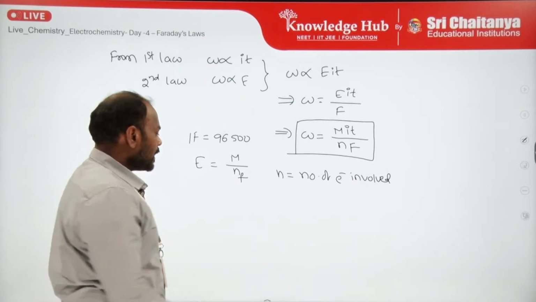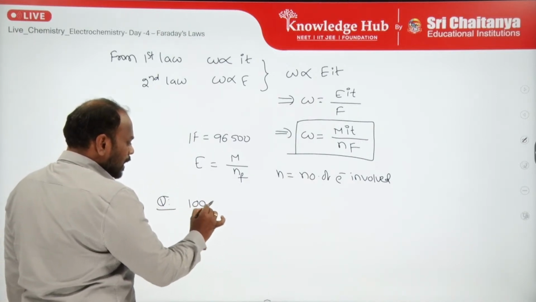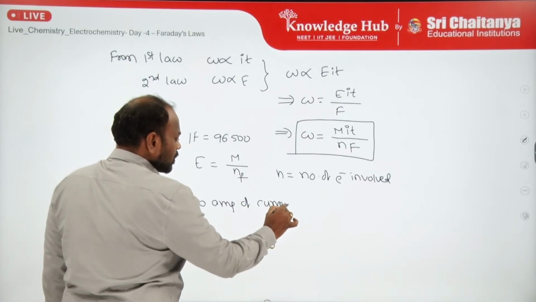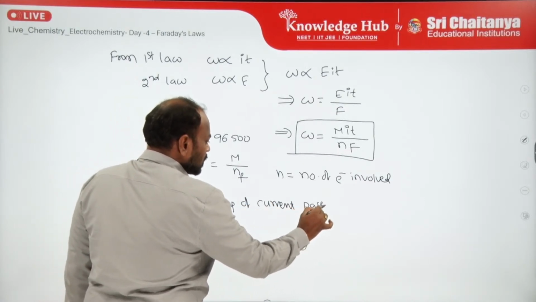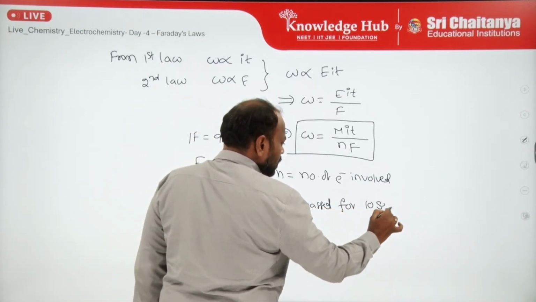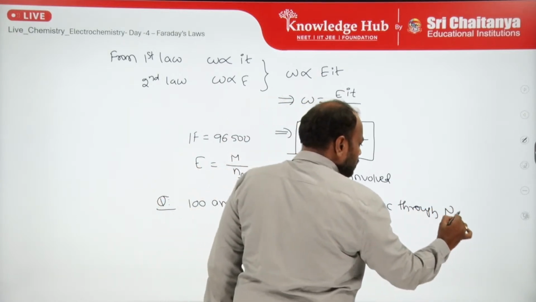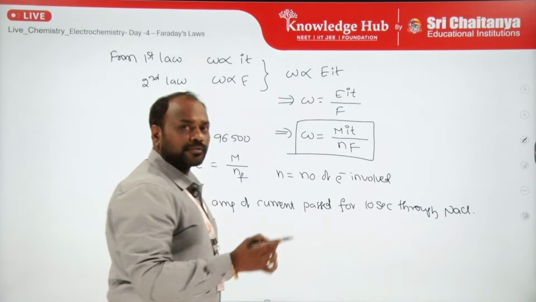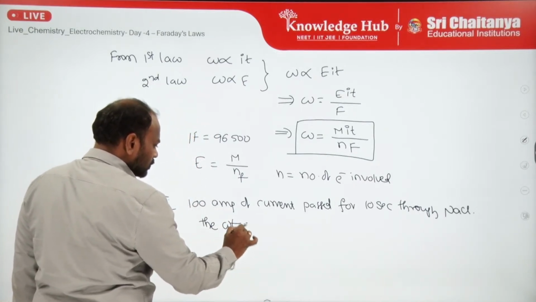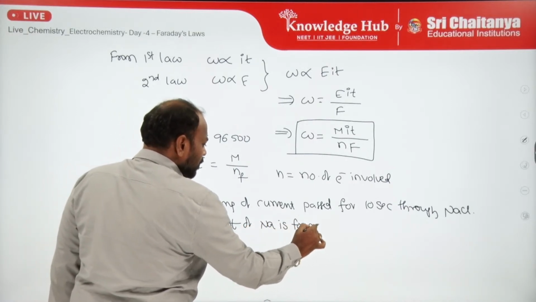Suppose, let us take an example. See the question. 100 amperes of current is passed for 10 seconds through sodium chloride. How much weight of sodium is formed?